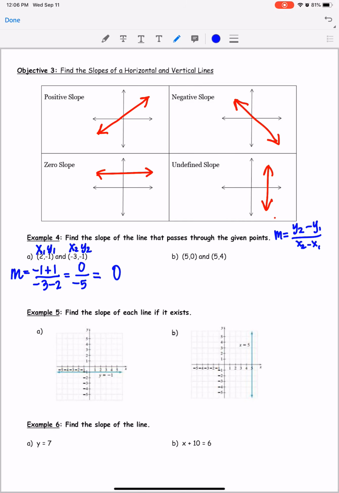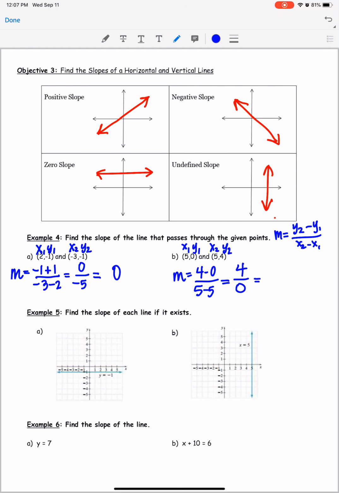B, so spoiler alert, this is going to be your undefined example. You've got x1, y1, x2, y2. So your formula is y2 minus y1. So we've got 4 minus 0 over x2 minus x1, so 5 minus 5. 4 minus 0 is 4. 5 minus 5 is 0.